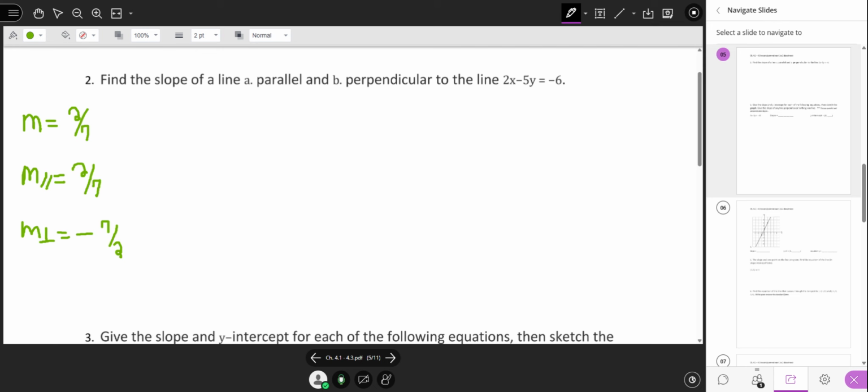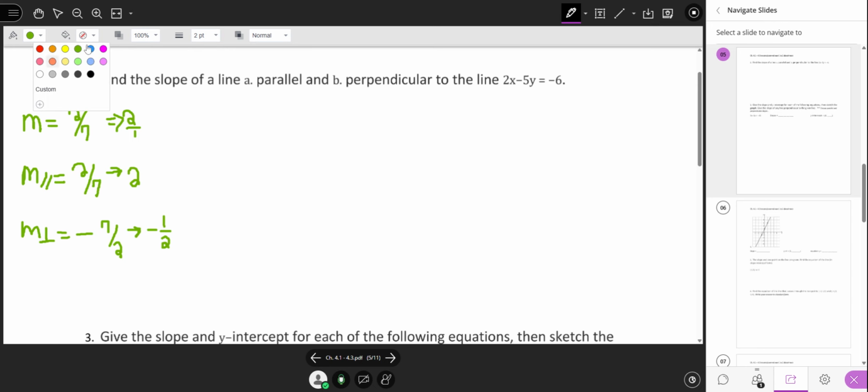Now, if this slope happens to be a whole number, let's say 2 instead of 2/7, then parallel will be 2 and perpendicular will be negative 1/2.